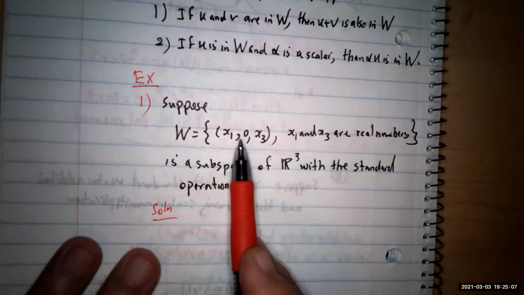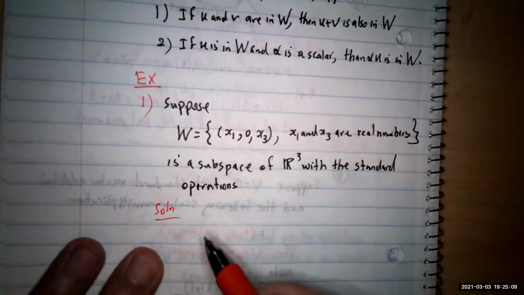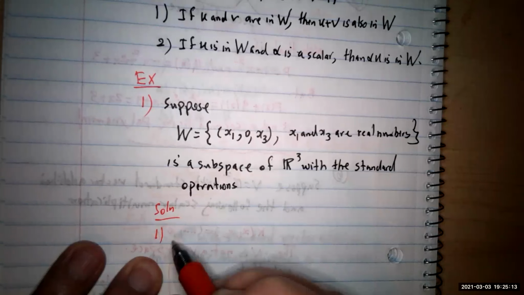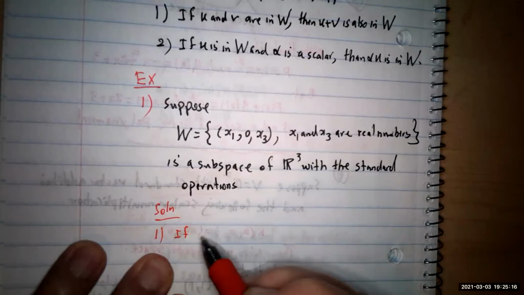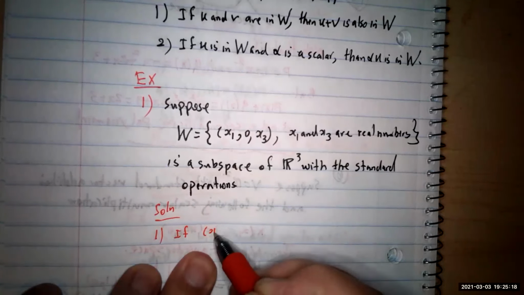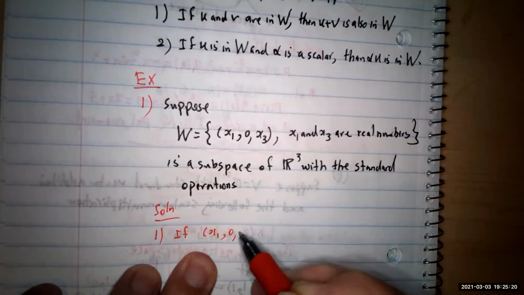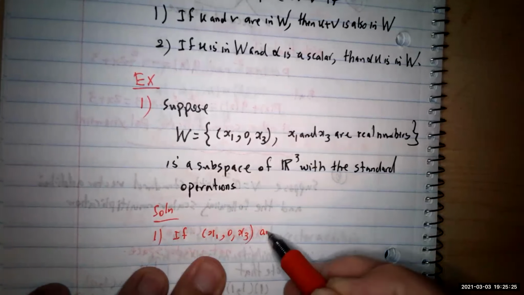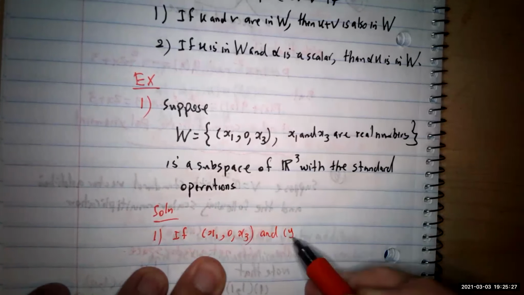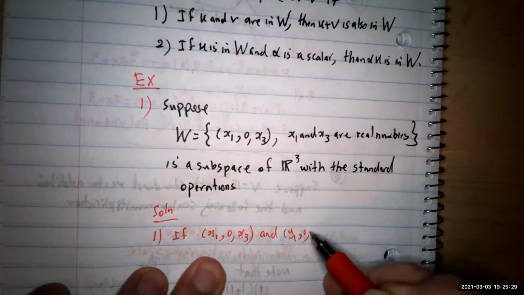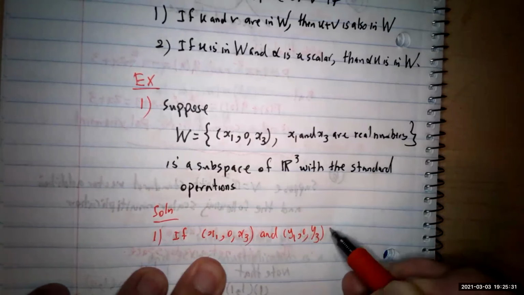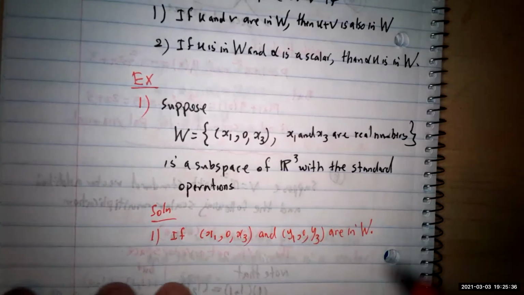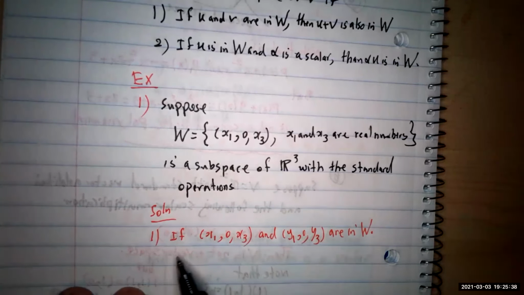The first condition is that you have (x1, 0, x3), this is one member, and (y1, 0, y3) are in W. Add them together, show that there is a sum.